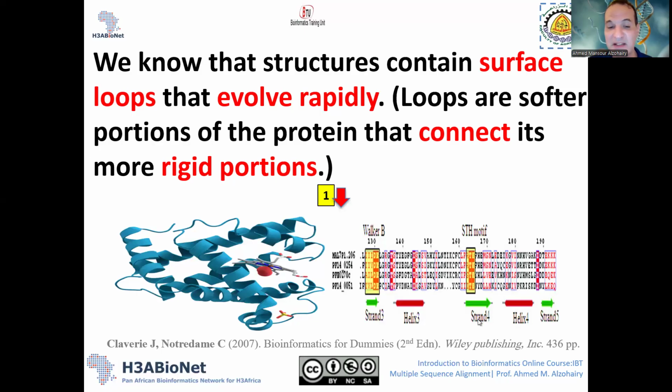This can make us understand why the structure of these sequences is conserved, because this important structure of the rigid portion of the protein is conserved. So this gives us an indication in our interpretation.